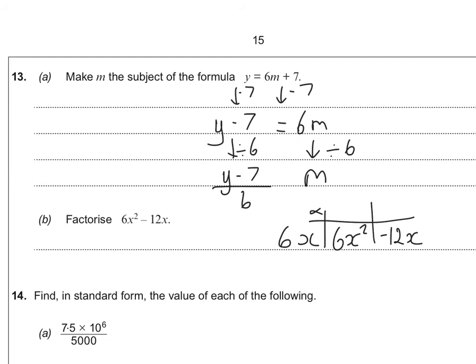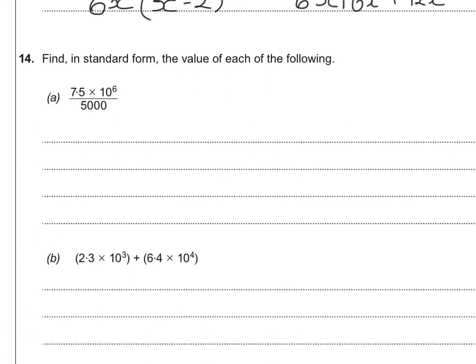Yes, we have x there. Now we need to think, what do I need to multiply 6x by in order to get 6x squared? That answer is x. And what do I need to multiply 6x by in order to get negative 12x? The answer is negative 2. Therefore, 6x squared take away 12x factorised is 6x, bracket, x minus 2.